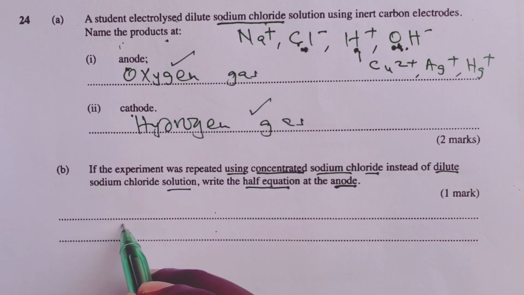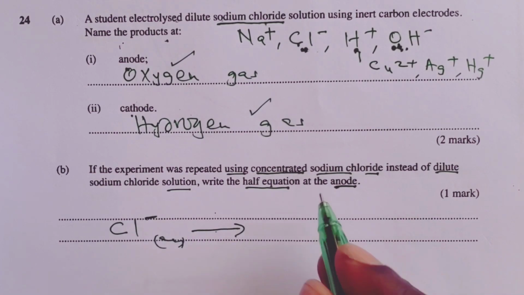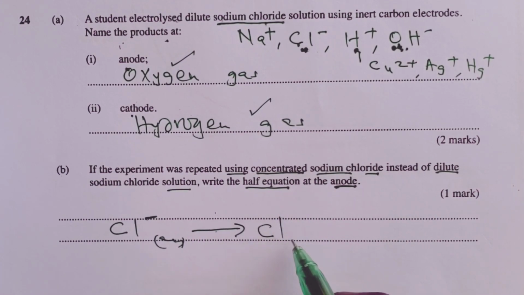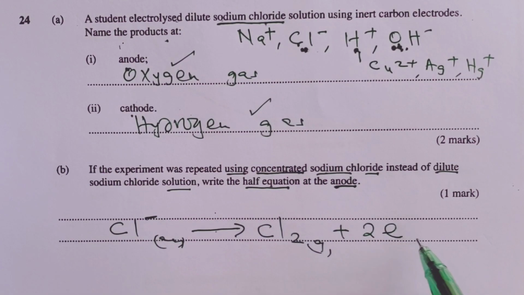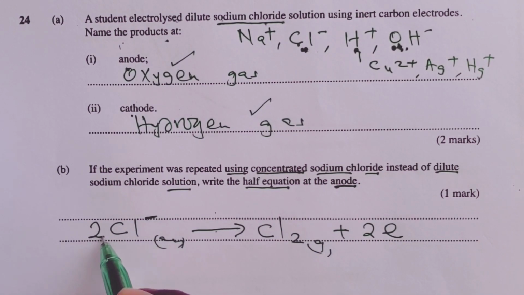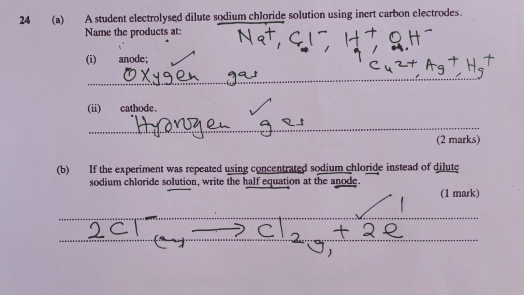So we then write chloride ions, aqueous, being discharged through loss of 2 moles of electrons to give us chlorine gas. So we shall balance with a 2 on chloride ions to balance the charges for that 1 mark.